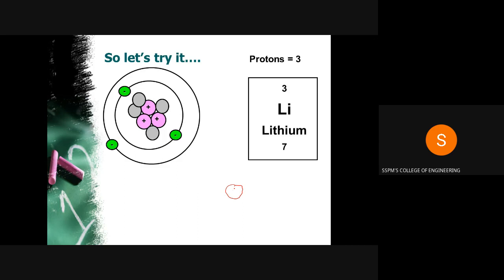The first shell has the capacity to hold 2 electrons, so only 2 electrons are filled in the first shell.